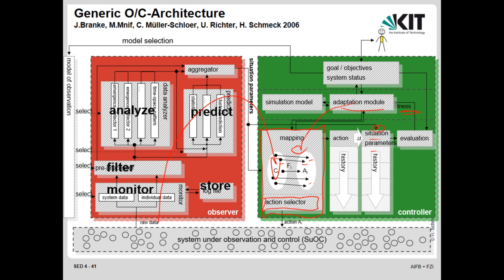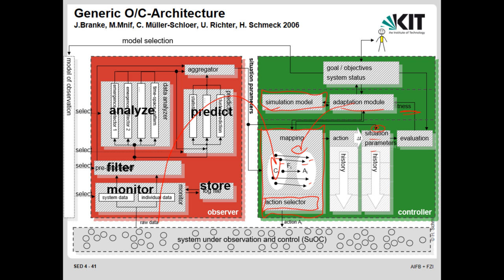And now there are situations where it is not adequate to just test out, for example, any new action and take the risk of something bad happening. For example, in the traffic light controller, you must make sure that nothing happens which can lead to an accident. So for that, we have a simulation model.